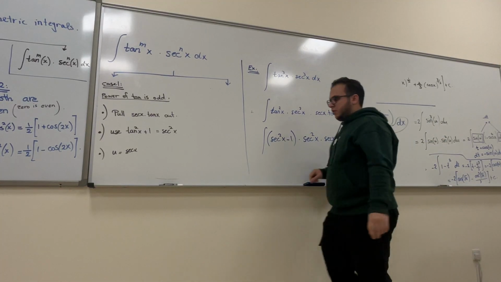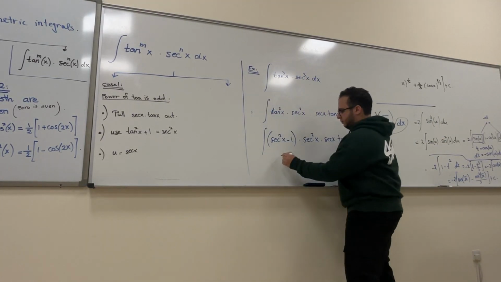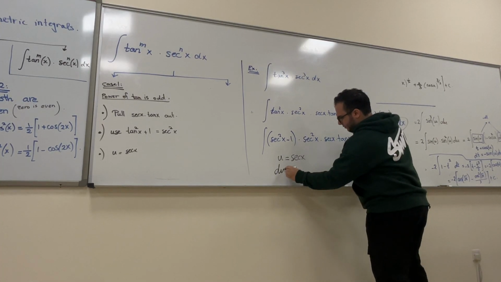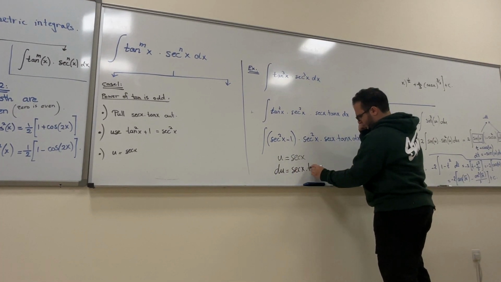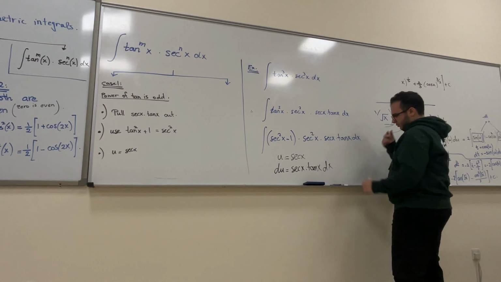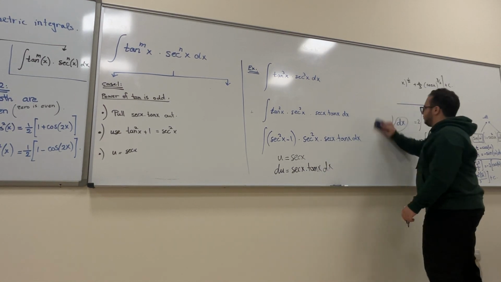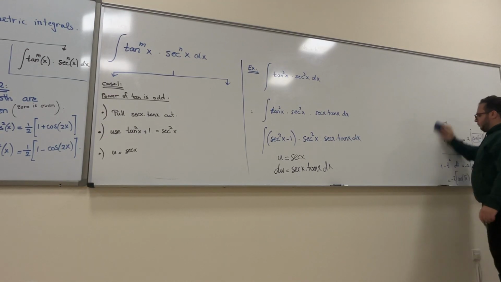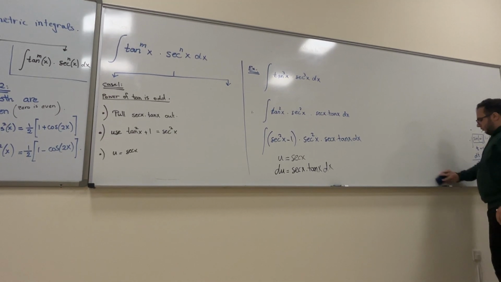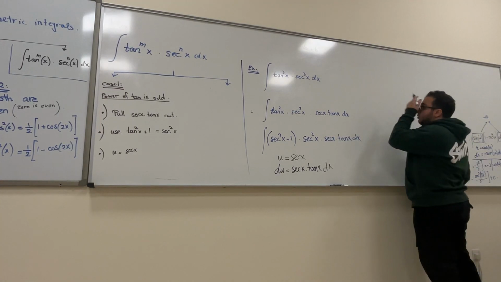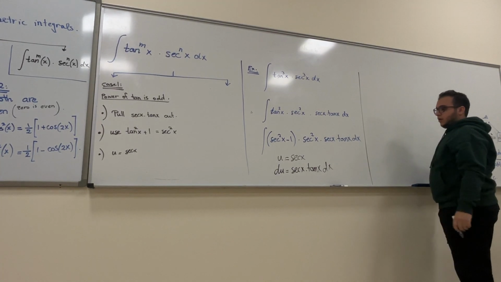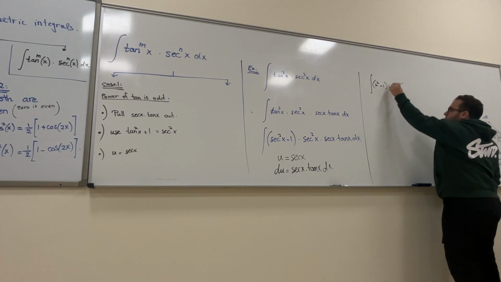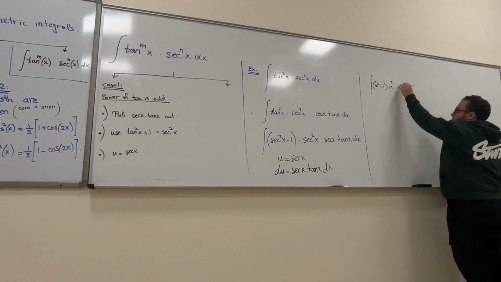Finally, u equals secant x, so du is secant x tan x. So what do you get? You get (u squared minus 1) u squared du, right?